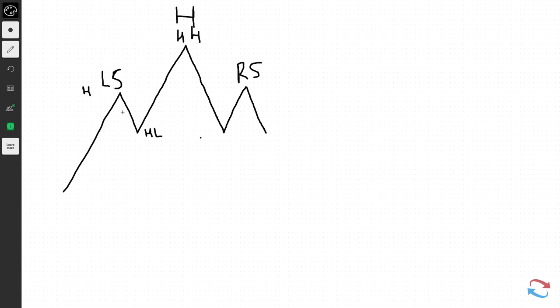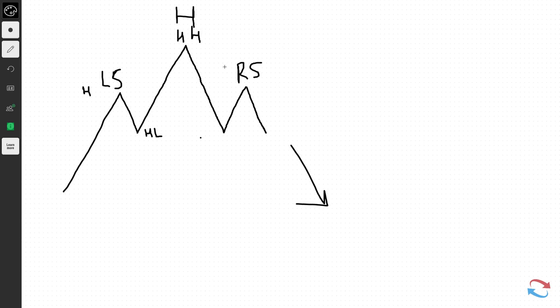So what we want to do is look for a change in the actual trend. So if prices are failing to make higher highs, the right shoulder will indicate that, and we're looking for a trade to the downside. And this is just in an uptrend.